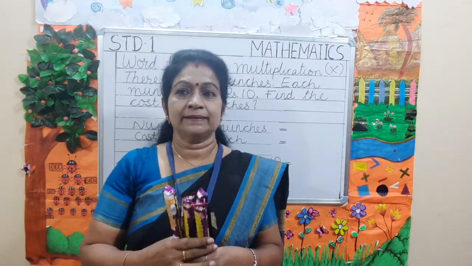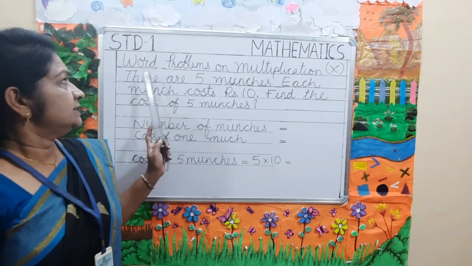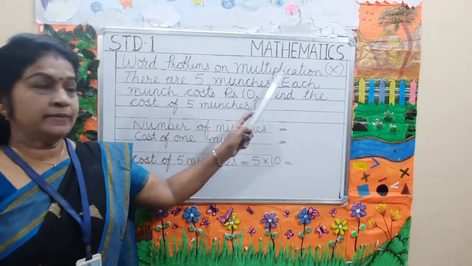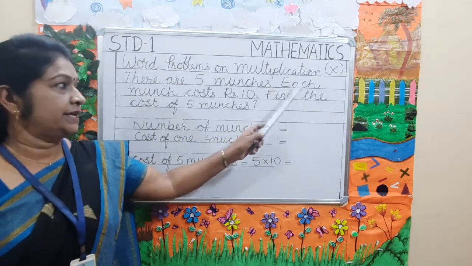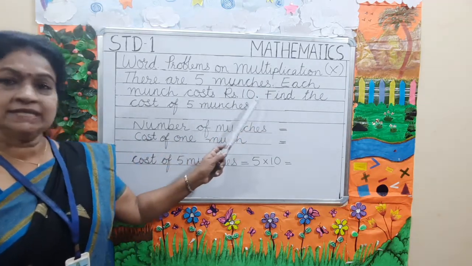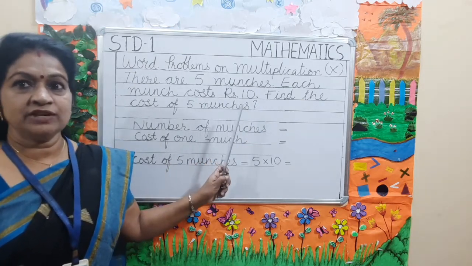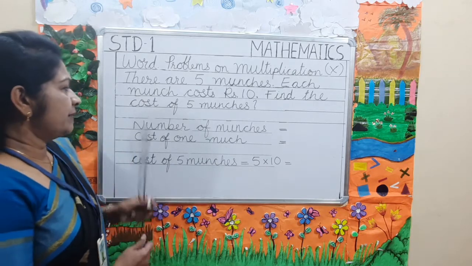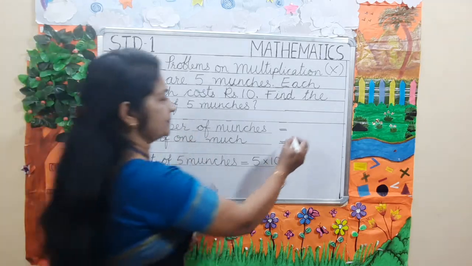Is that clear? Children, we will be doing the same question here. The word problems on multiplication. There are 5 munches. Each munch cost rupees 10. Find the cost of 5 munches. Just now we were showing that. The number of munches, how many munches were there? 5.